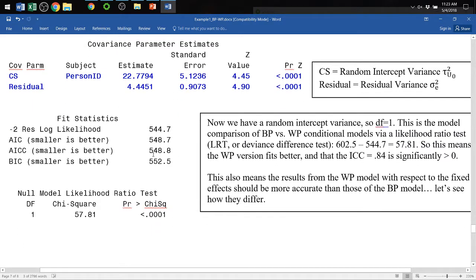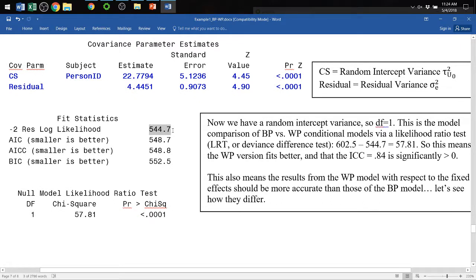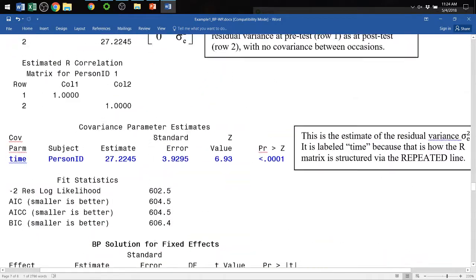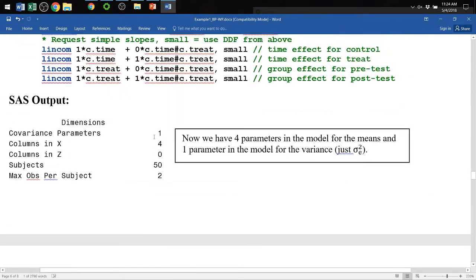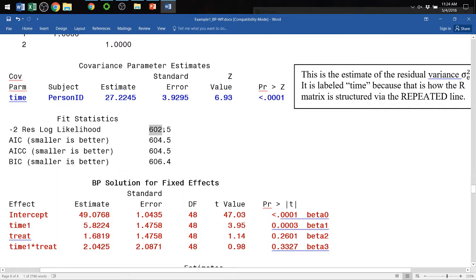So this particular model comparison is done for you in Stata and in SAS, not in SPSS, which is this null model likelihood ratio test. What it did was take the minus 2 log likelihood from your current model that has 2 piles of variance, 544, and compare it to a model that has only 1 pile of variance, which was before here, which was a long way away, 602.